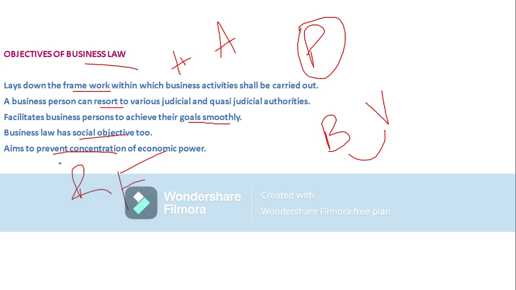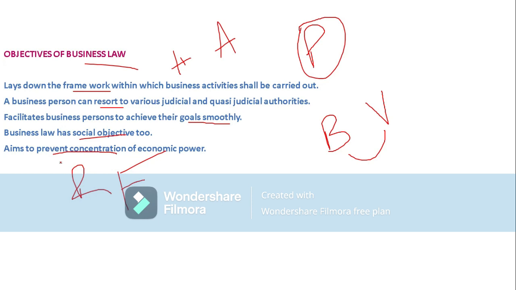Not only that, but adjustments will also be made between individuals against each other. It means that one businessman has issues or rivalry with another businessman, so those issues will also be settled with these business laws.